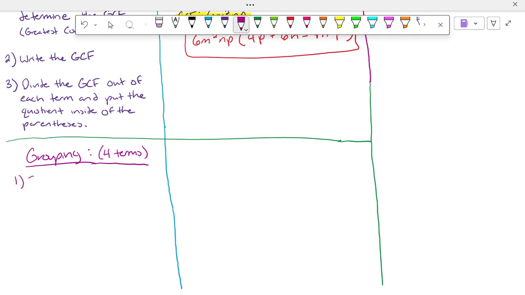So the steps: split the problem into 2 pairs. Again, I'm just copying the notes that are still on page 1. Take the GCF out of each pair.